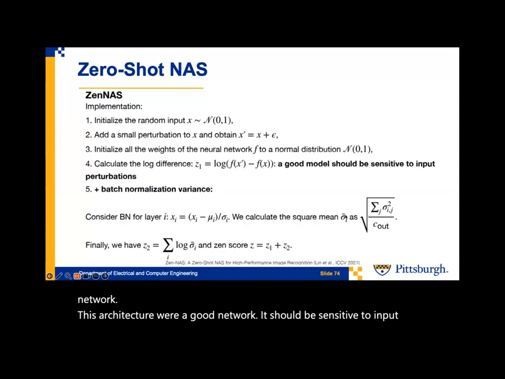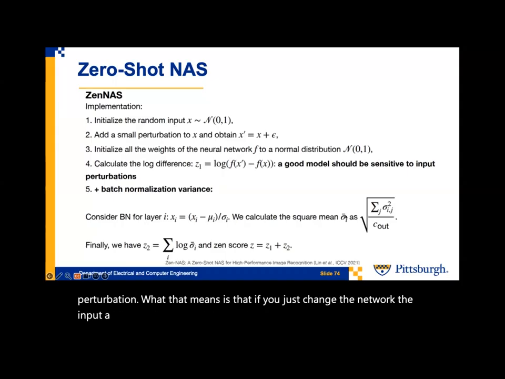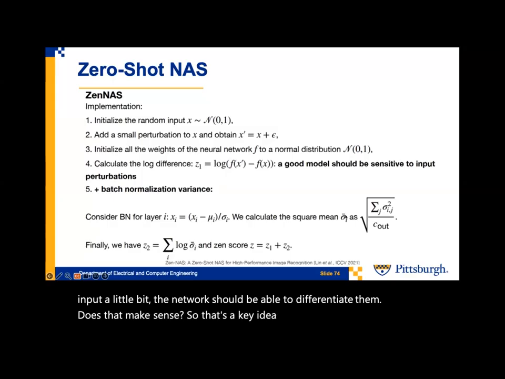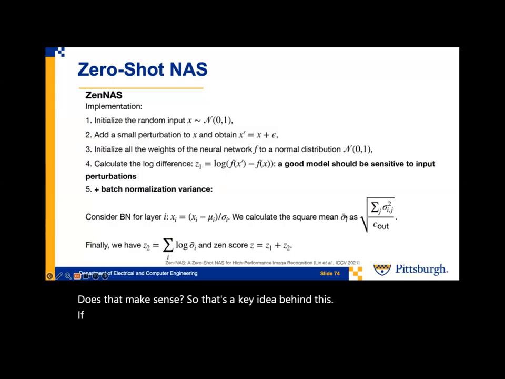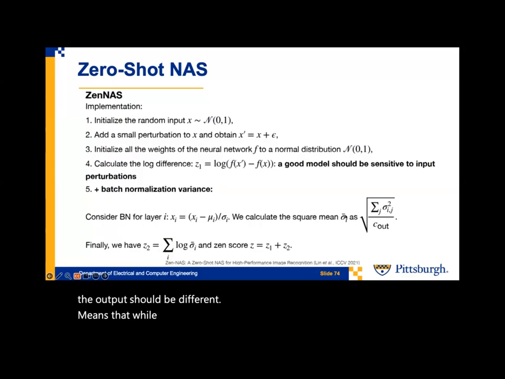What that means is that if you change the input a little bit, the network should be able to differentiate them. Does that make sense? That's the key idea behind this. If it were a good network, then if I change the network input a little bit, the output should be different. It means this network can differentiate very small changes in the input. Does that make sense? Based on that key idea, let's see what it does.